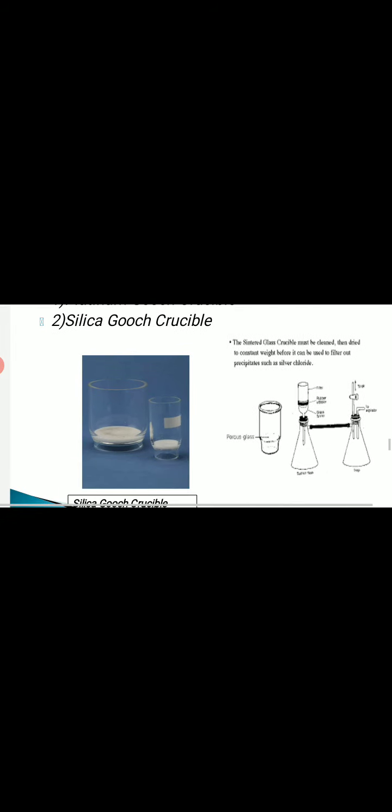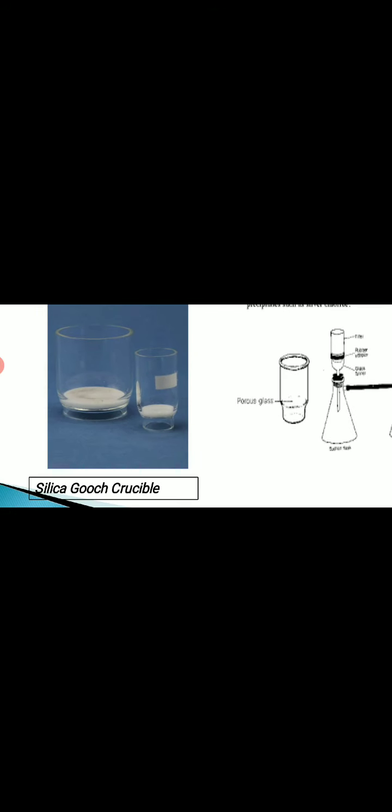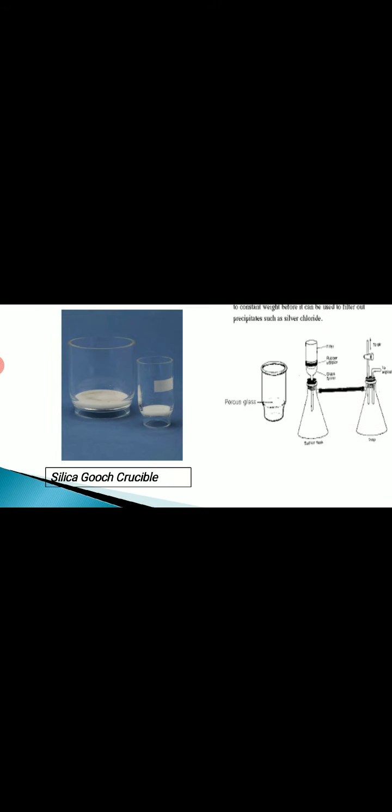The diagram shows the silica gauge crucible. Silica gauge crucibles are available in the laboratory also, and you use this crucible in gravimetric analysis for the filtration of the nickel DMG precipitate.